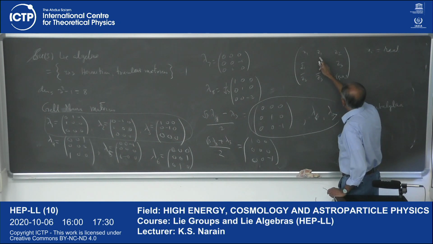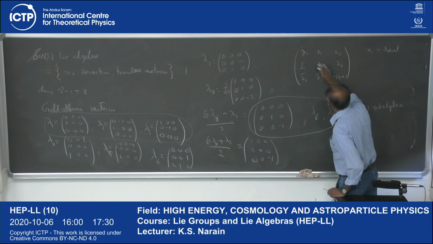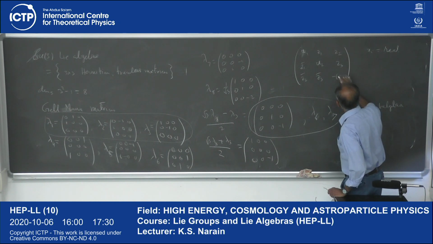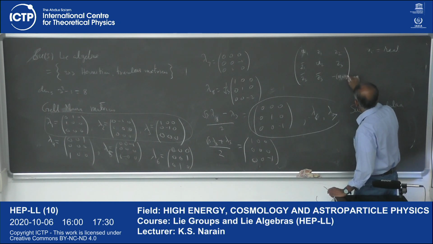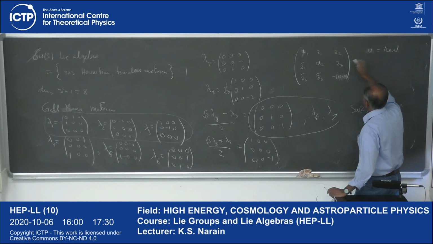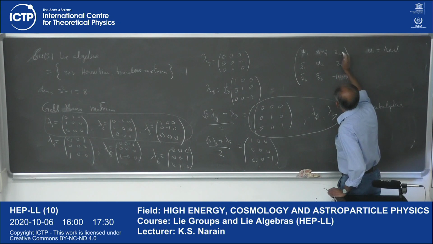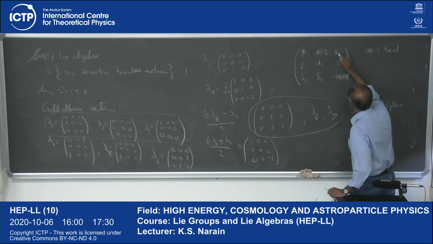Now let's rewrite this. z1, I already used x1, let me call it something else. Lambda I'm using there. So let's say u1, u2, u3. So here is u1 plus u2, and let's call this x1 plus i y1, this one is x2 plus i y2, this one is x3 plus i y3.